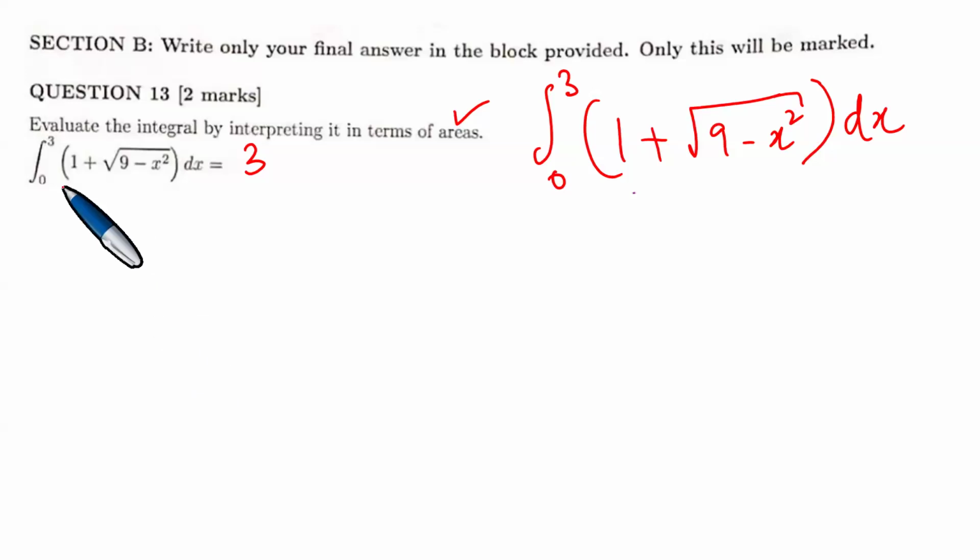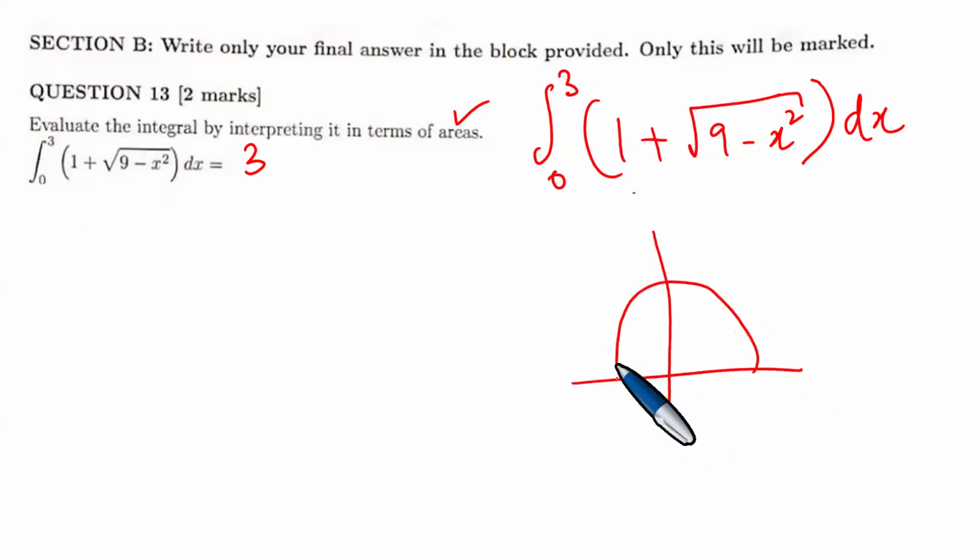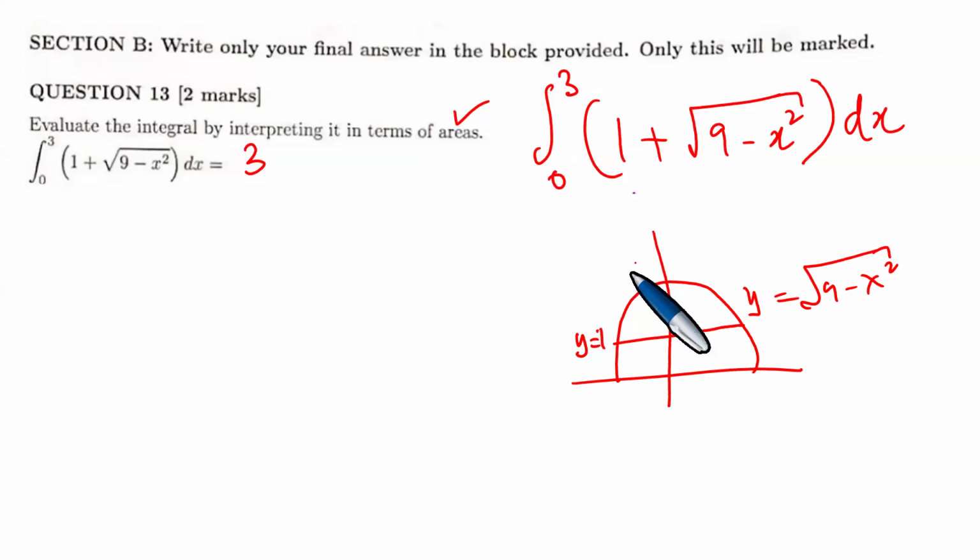So obviously this has to do with specific graphs: there's y equals 1, and then there's also this one here. If you look at these particular graphs, there's this circle, which is the upper circle, where y is the same as the square root of 9 minus x squared, but also there is y equals 1, because we know that this is 3.